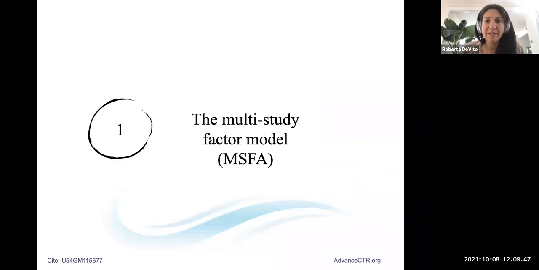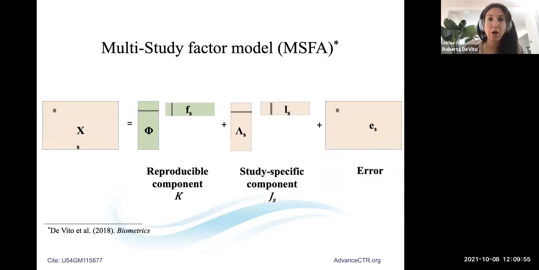So for this reason, I developed this multi-study factor model. And the multi-study factor model is a generalization of the factor model. As you can see here, each observed variable in each study can be decomposed in 3 different quantities. One that is coming from the common part, which I will call the reproducible part.